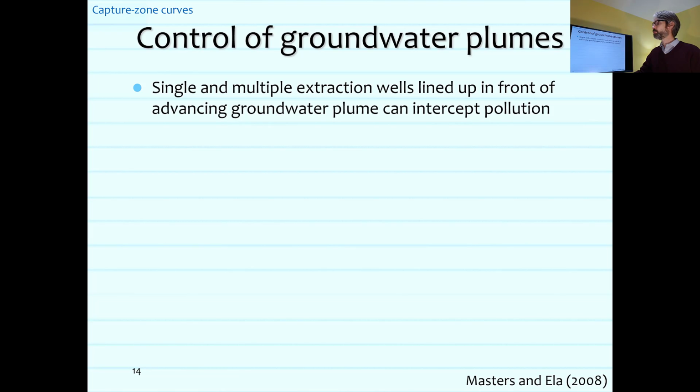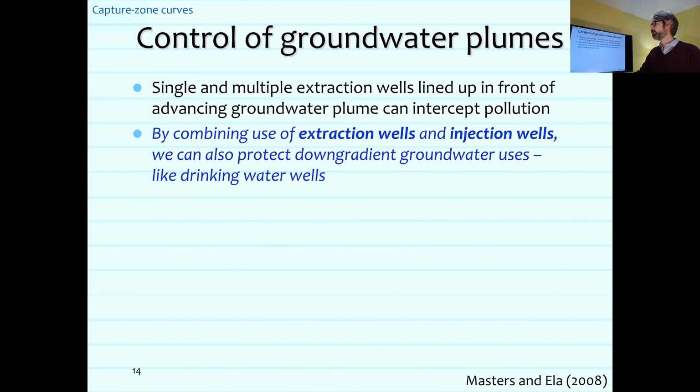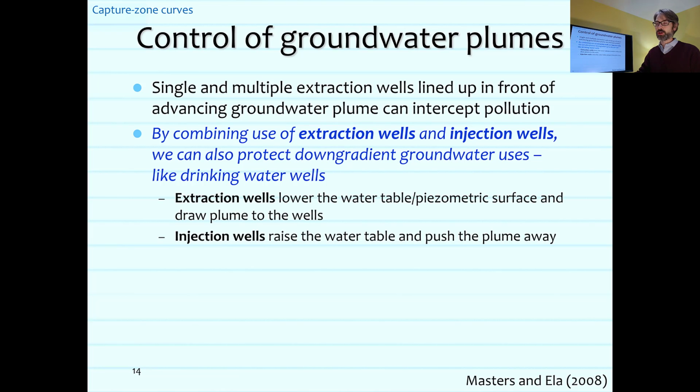Single and multiple extraction wells that are lined up in front of an advancing groundwater plume can intercept pollution. By combining the use of extraction wells and injection wells, we can also protect down-gradient groundwater uses, like drinking water wells. Extraction wells, as we already know, lower the water table or the piezometric surface for a confined aquifer and draw a plume to the wells.